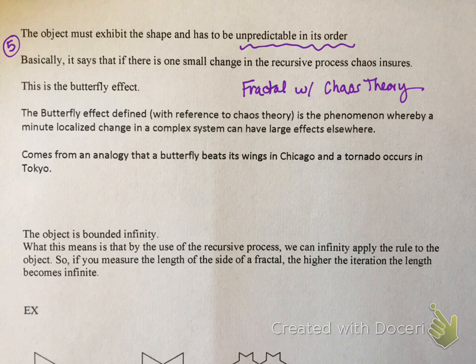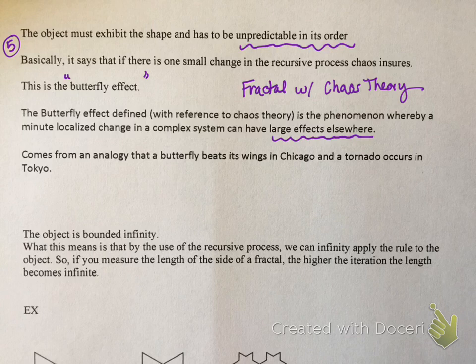This is also known, when we say that one small change creates chaos, as the butterfly effect. The butterfly effect, defined with respect to chaos theory, is a phenomenon whereas a minute localized change in a complex system can have a large effect somewhere else.